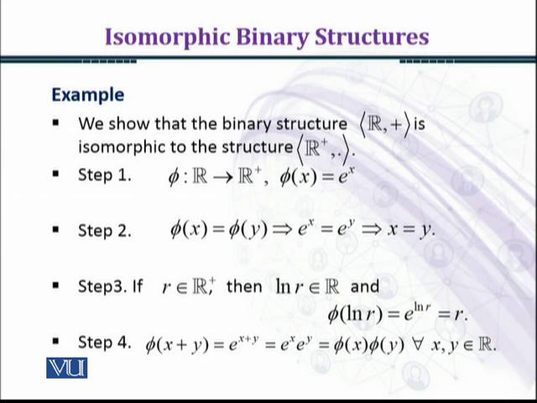We shall get e^(x+y), which is equal to e^x into e^y. Then we use our definition in reverse order: e^x is equal to phi(x) and e^y is equal to phi(y). Therefore, it is equal to phi(x) into phi(y) for all x, y in R. Therefore, the condition of homomorphism is satisfied. And we have proved that the two binary structures (R, +) and (R+, ·) are isomorphic.